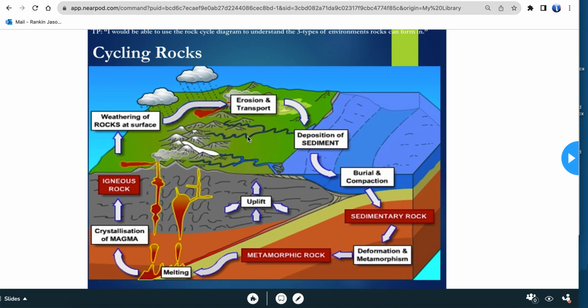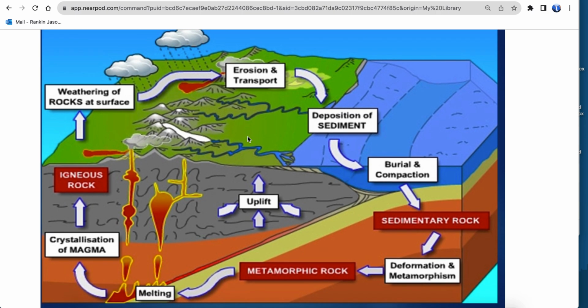All right, so here is the cycling of rocks once again. So we have a lot of forces on the surface that can help break down rocks. Weathering of rocks at the surface, exposure near the surface. They'll become eroded and transported to your basins.